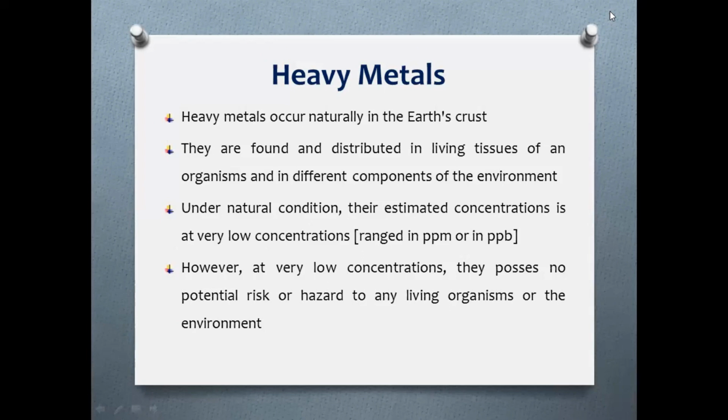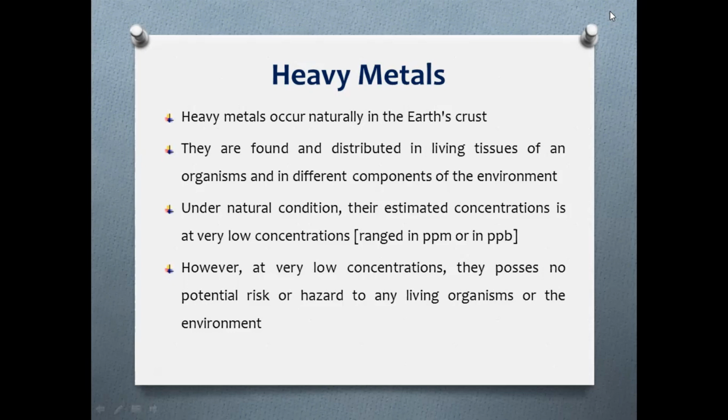To begin with, let us briefly understand what heavy metals are in the environment. Heavy metals are naturally occurring elements found in the earth's crust. Due to this, heavy metals are distributed in different living tissues of organisms and also in various components of the environment.